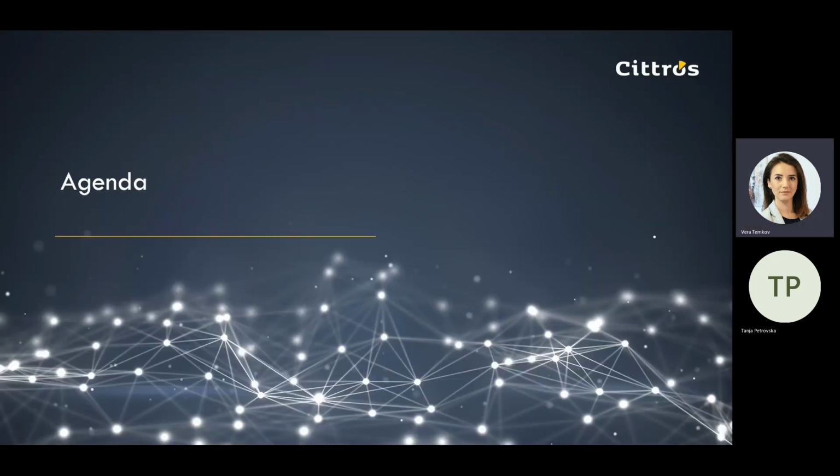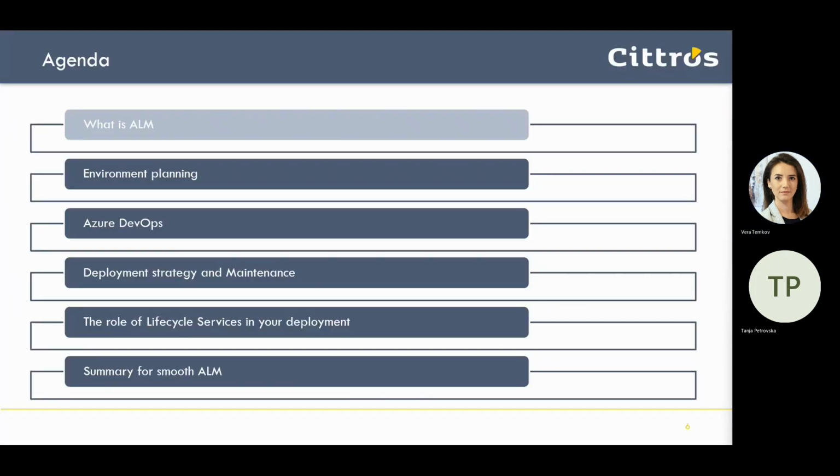What we will cover, to be precise, we will see in the agenda below. We will talk about what ALM is, why environment planning is important, then about the Azure DevOps tool. We will present you some diagrams as part of the deployment strategy and explain the Microsoft updates as part of the maintenance process.